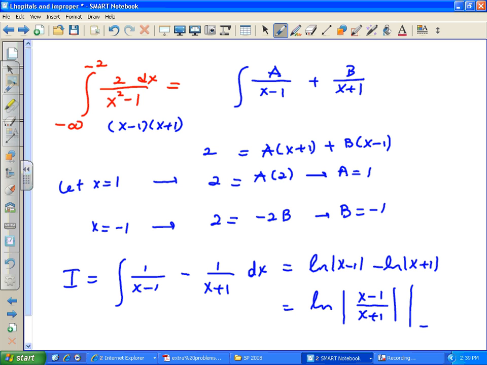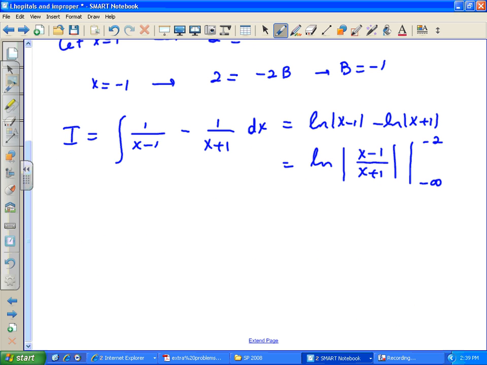And now I'm going to worry about the limits from negative infinity to negative 2. Starting with the upper limit of negative 2, I will have ln of negative 2 minus 1, or negative 3, and then on the bottom, negative 2 plus 1, or negative 1. Minus, now think about what happens as x goes towards negative infinity.